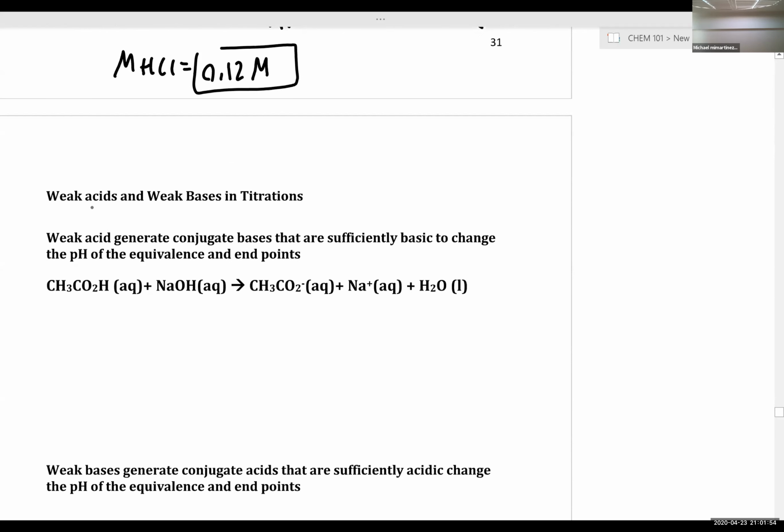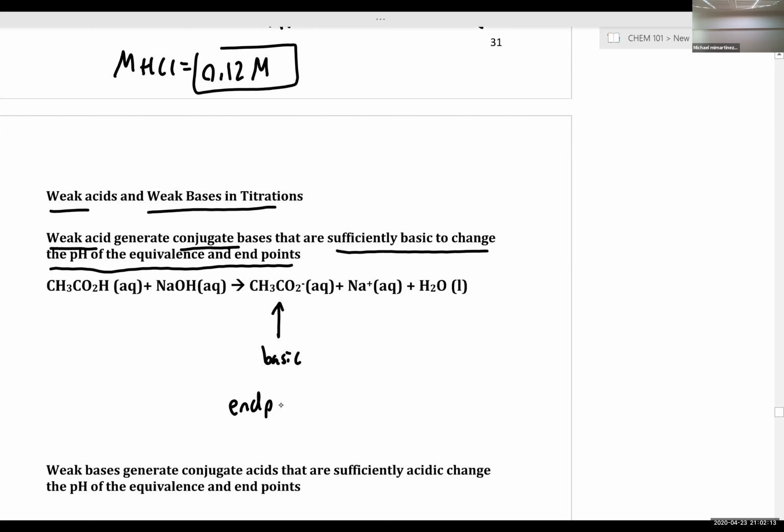Weak acids and weak bases in titrations. So weak acids generate conjugate bases that are sufficiently basic to change the pH of our equivalence and endpoint. So this acetate ion is basic. So as a result, at our endpoint, our pH will be greater than 7.